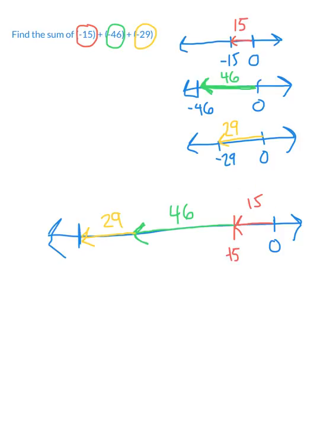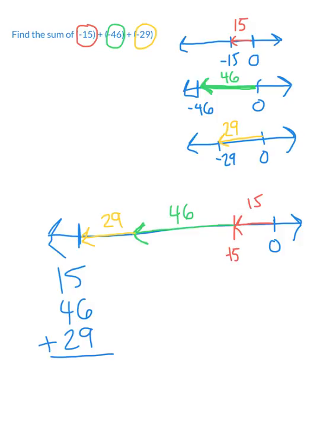So if I have 15 plus 46 plus 29, if I add those all together, I have 5 plus 6 is 11, plus 9 is 20.